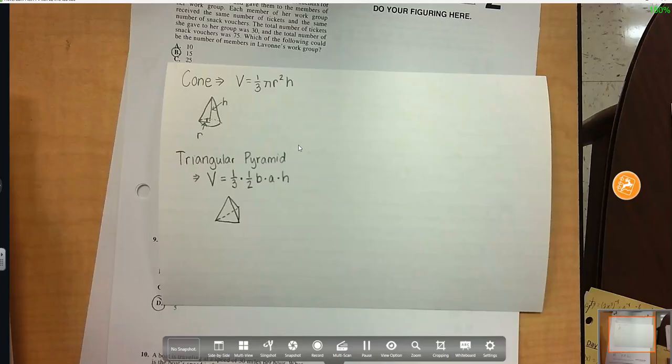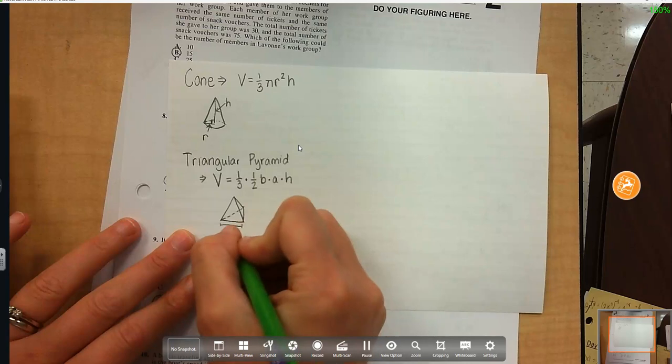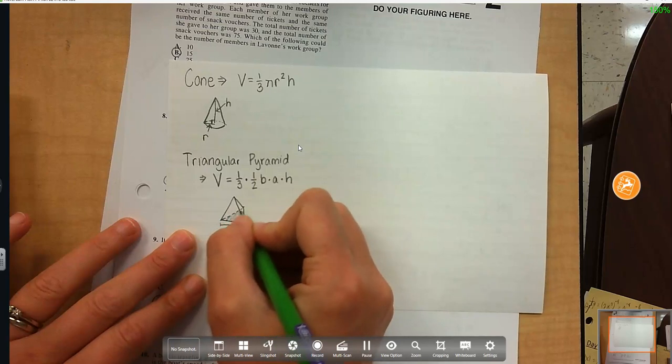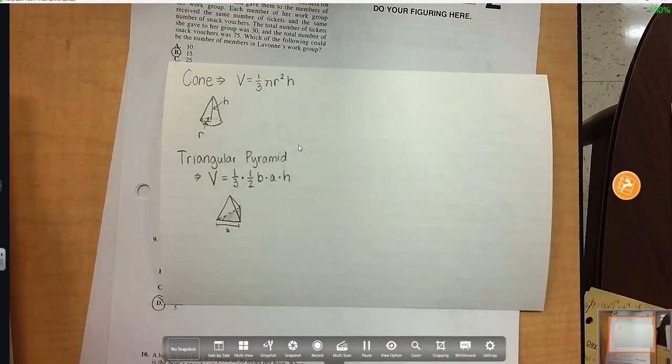Now, what I find kind of difficult to label here is that height, as far as drawing the picture. You could call this side right here your base, because we're thinking like this right here. I'm going to shade it a little bit. That's the bottom of the triangle, so that's the base of that triangle.